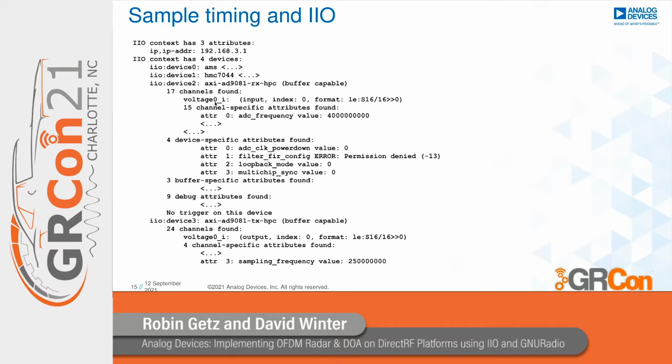So as you can see, this is a buffer capable device, and the voltage0 I input channel, so this is the I part, so in I and Q, it's actually the real part, sorry. You can use this to stream. When you open this channel, you can stream those samples. And you have another device for the transmit side where you can open this device also in a buffer and produce output samples, which are then streamed to the device and into the analog domain.